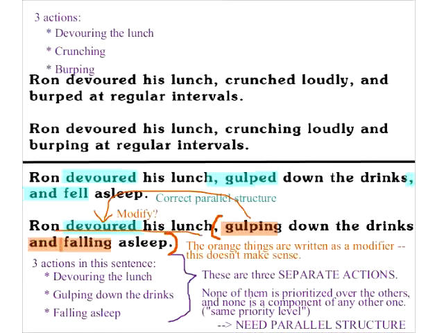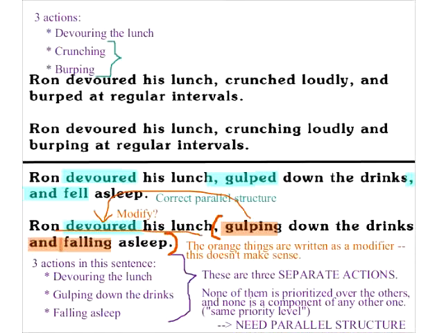You can't make objections like, what if that was totally separate crunching? What if Ron was walking through the snow and his feet were crunching? Well, you can't really do that. You have to ask, what is the sentence clearly intended to mean if it were delivered to you? And these are descriptions of devouring the lunch.